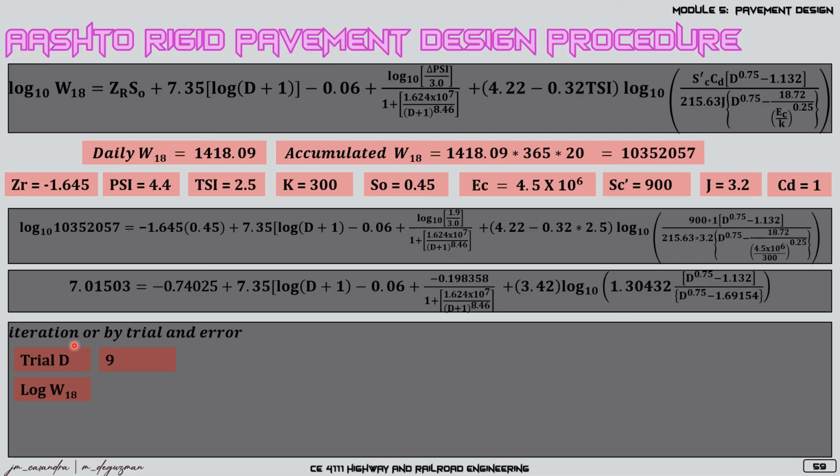So our assumption in this case is 9, and we were able to solve it a while ago at 6.96513, which is far below what we want to have.